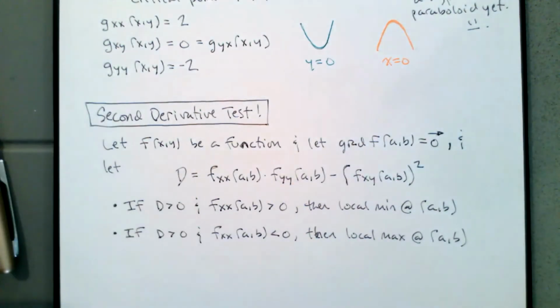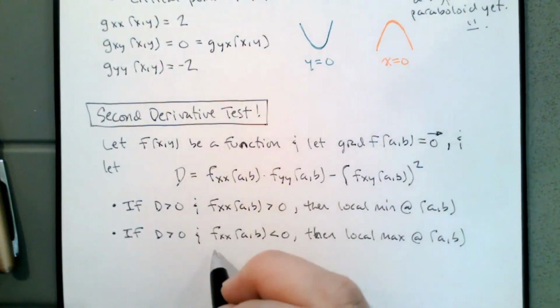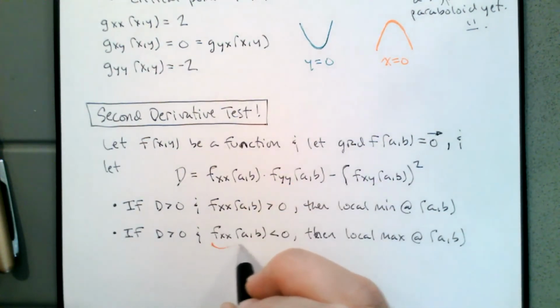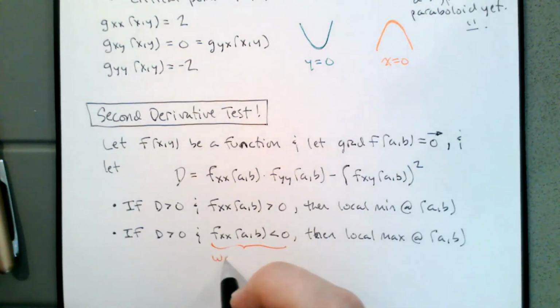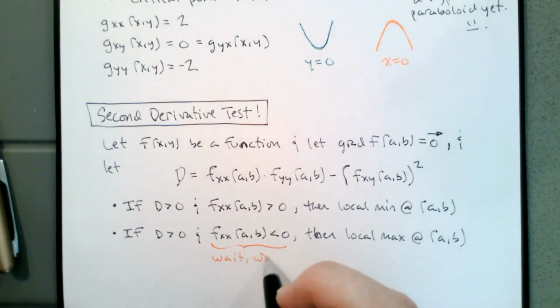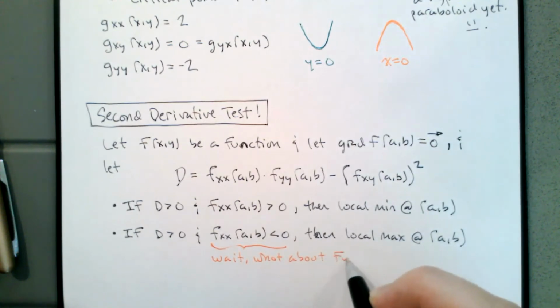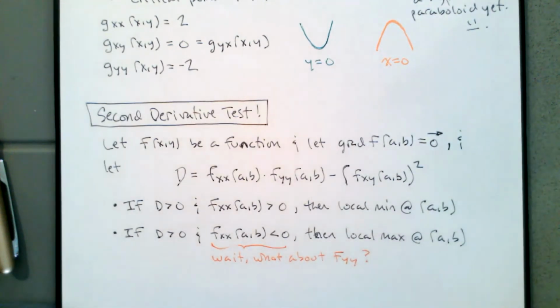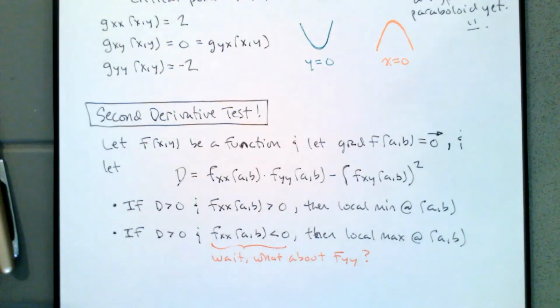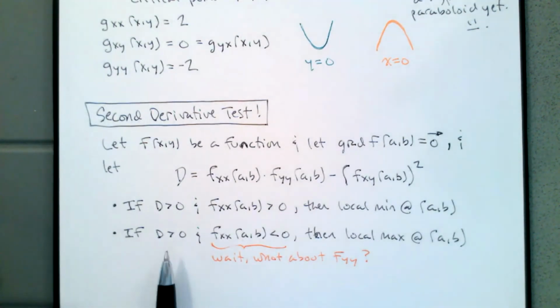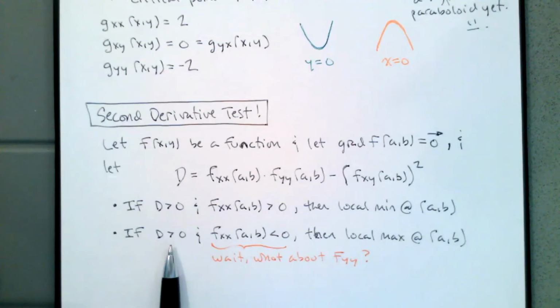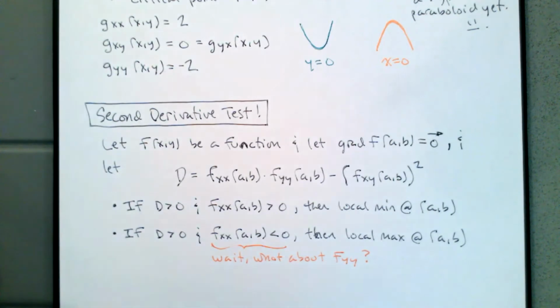You should be looking at this and saying, wait, what about fyy? Four derivatives, and you're telling me we only have to look at one? And this is why, because in both of these cases, D is positive. Let's look at the third line.